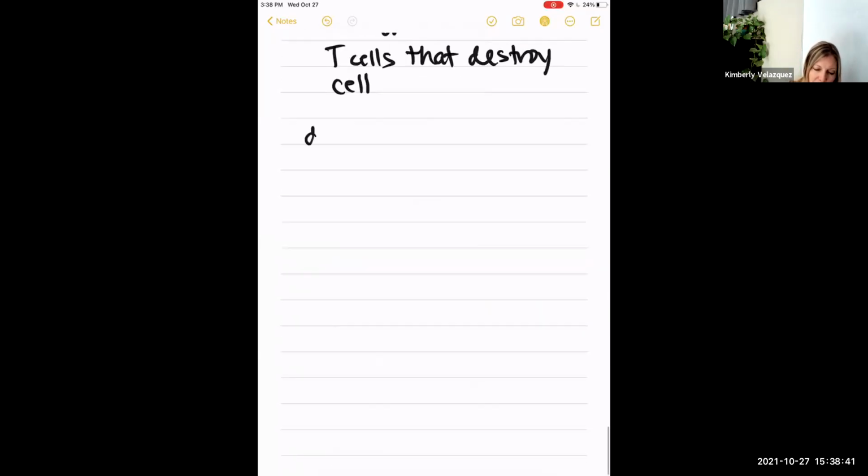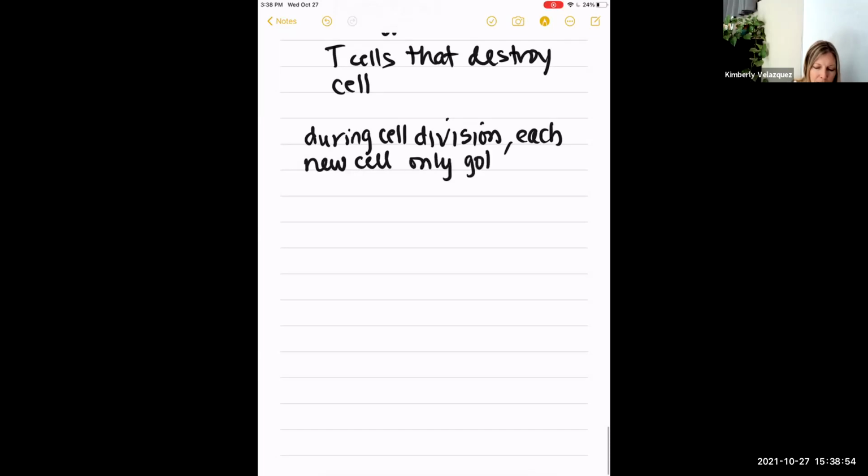So during the previous cell division, each new cell only got one centriole. So in G2, as part of that getting ready to divide, the centriole replicates.